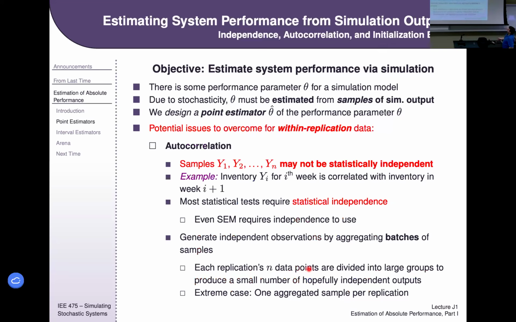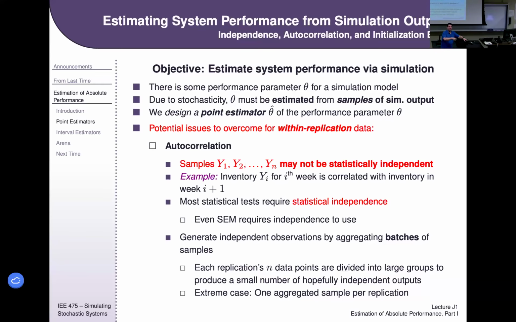And then within-replication data, we don't have any of that. So we're not going to be able to run t-tests and all that from within-replication data unless we do a bunch of extra work. Generally speaking, the samples from within a replication, one customer's waiting time, the next customer's waiting time, and so on, will be autocorrelated.